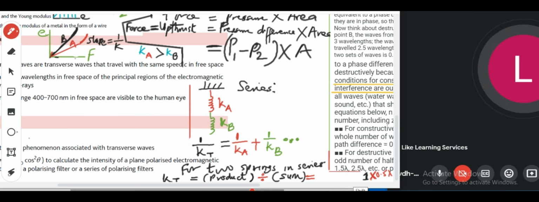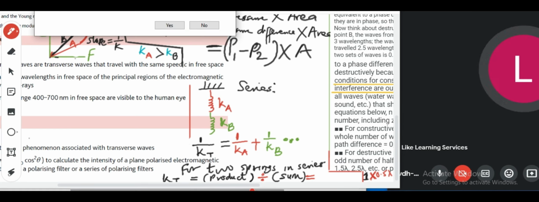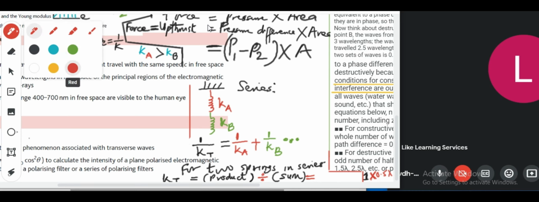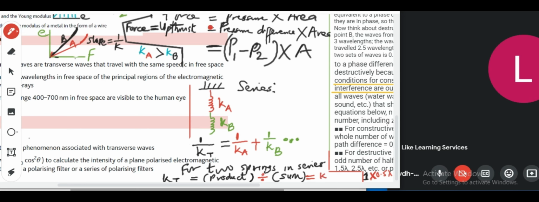And that is only when we have two springs in place. So this will be Ka times Kb divided by Ka plus Kb.